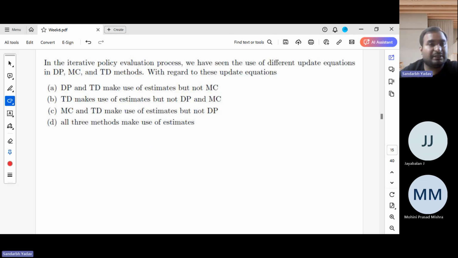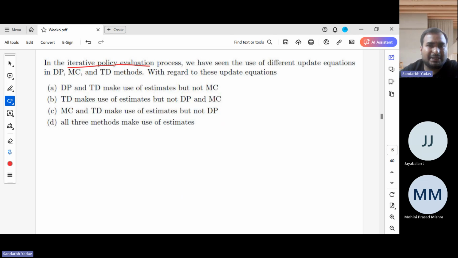So this question is concerning iterative policy evaluation. In this we have seen the use of different update equations in DP, MC, and TD methods. With regard to these update equations, DP and TD methods make use of estimates but not MC. They are asking which of these methods make use of estimates.